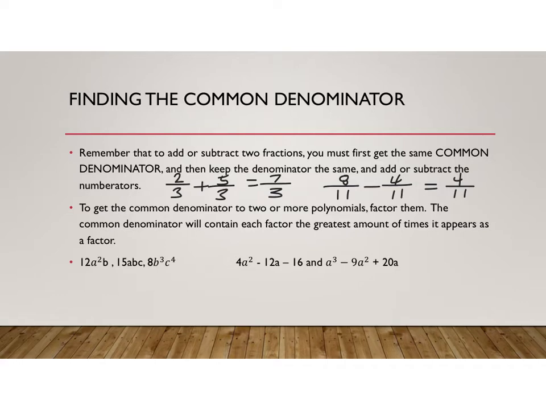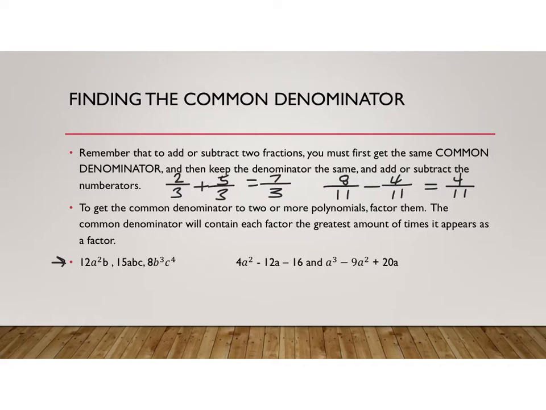All right, so for example, if I was finding the common denominator of these three terms, first working with the 12, 15, and the 8. I'd probably look at the largest number, 15, and then keep taking multiples of 15.